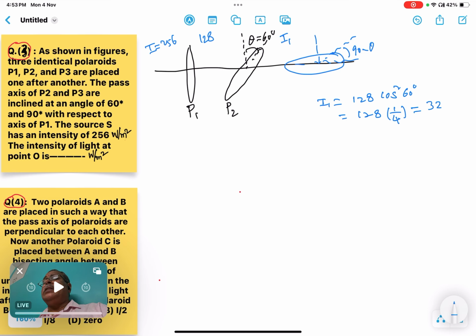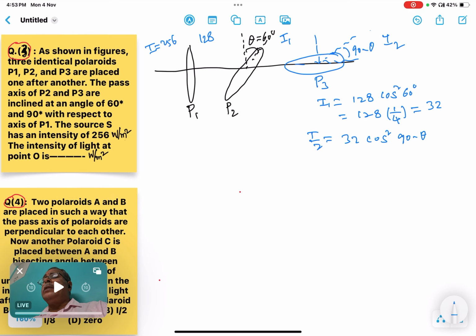Now this intensity I1 is passing through the third Polaroid sheet, P3. The output intensity is I2. So I2 is equal to the previous intensity 32, that is I1 into cos square of 90 minus theta.